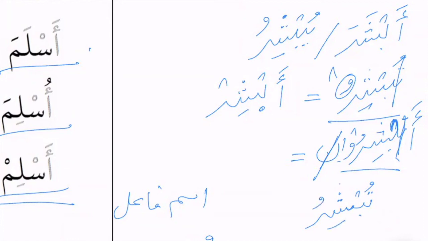So now when it has the singular one, tubshiru, and hiya tubshiru, and then ubshiru, nubshiru, right? Then you can make them majzoom by having the last letter on sukoon, right? But when we have this noon, how do we make them majzoom? How do we make them majzoom when they are ending on noon? By dropping the noon. Exactly. Okay, so we drop the noon to make them majzoom.